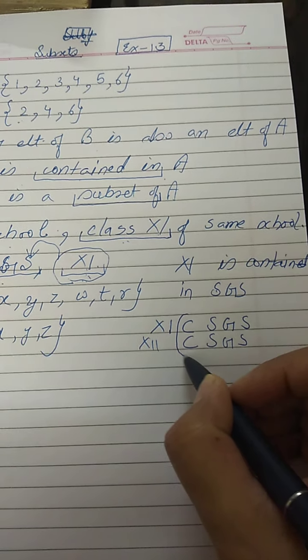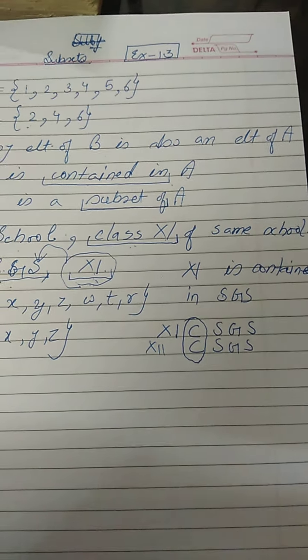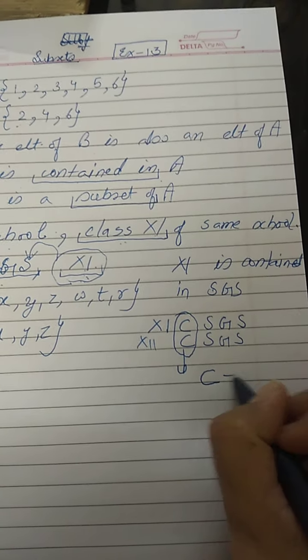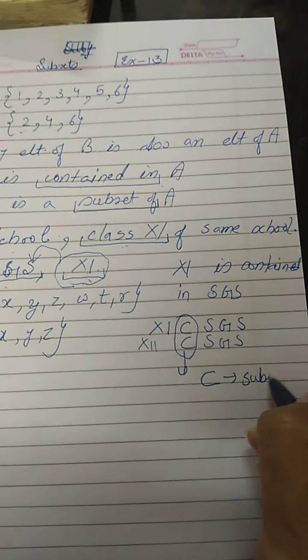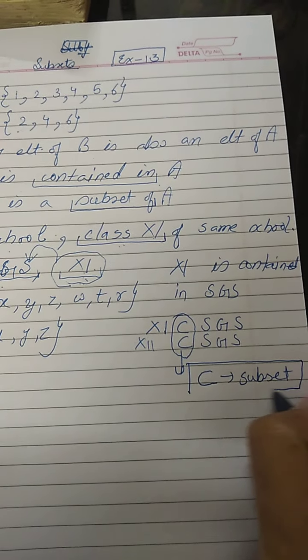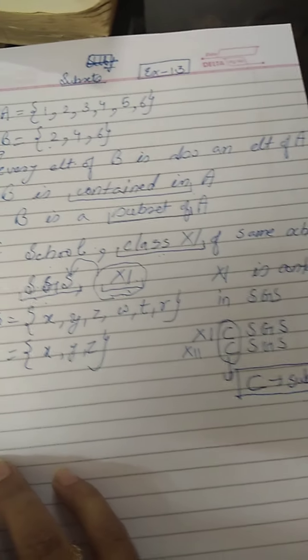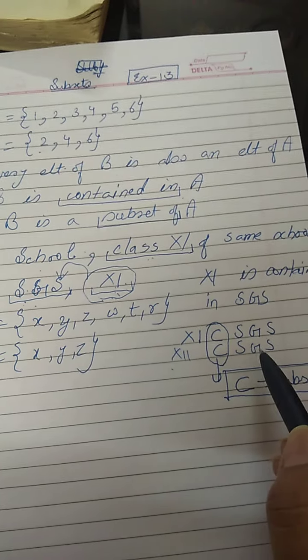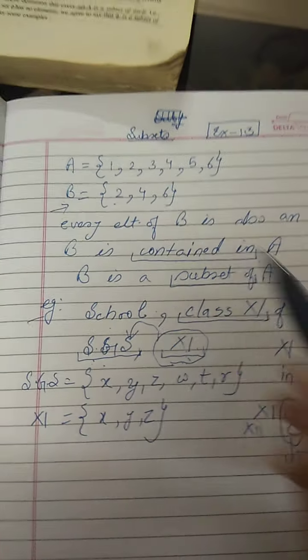Now I am using the word subset and writing this symbol. So this symbol, it is written like this, is the symbol to represent subset, right? It is the symbol which represents that it is the subset. Clear? So here class 11 is a subset of SGS, class 12 is also a subset of SGS.